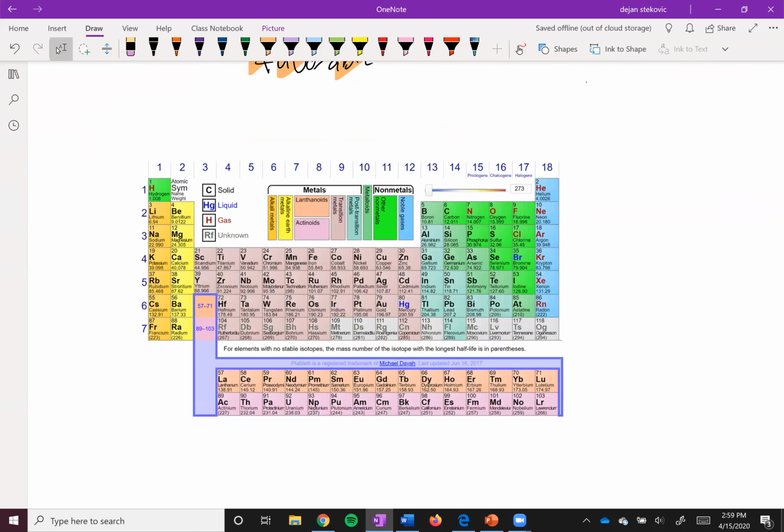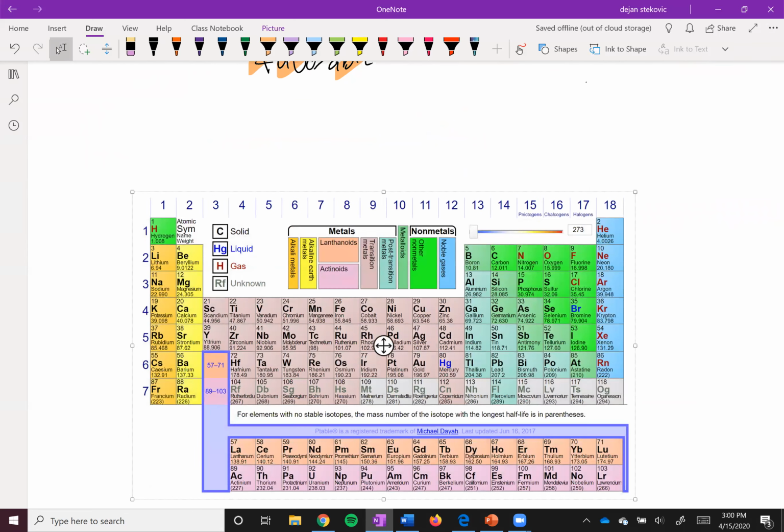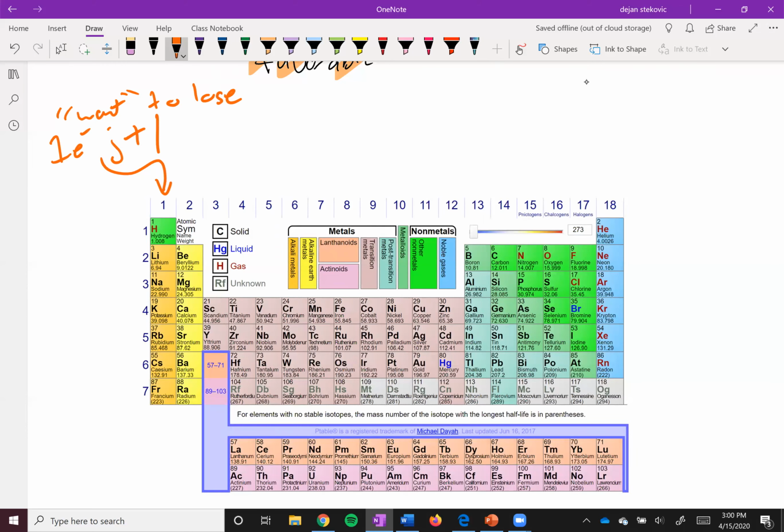But again, you can really use this valence electron idea to predict a lot of stuff. Right here, everything in column 1 has 1 valence electron, so it wants to lose that 1 valence electron, so it's going to be +1. Same thing here: column 2 wants to be +2.